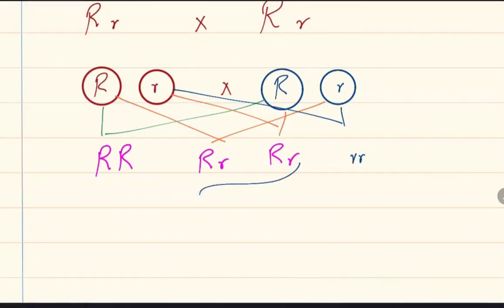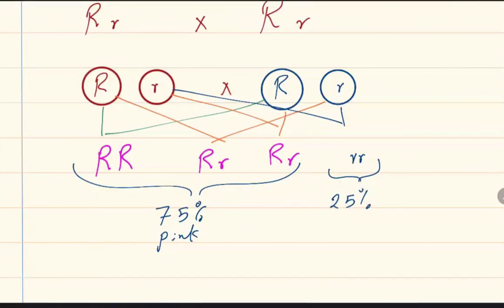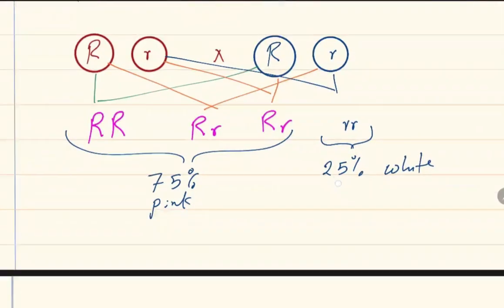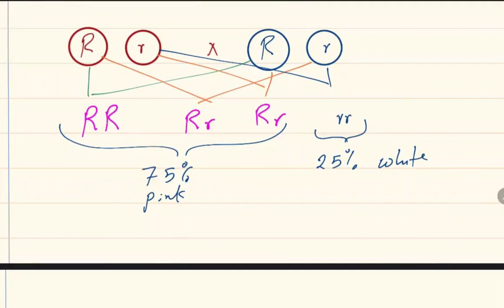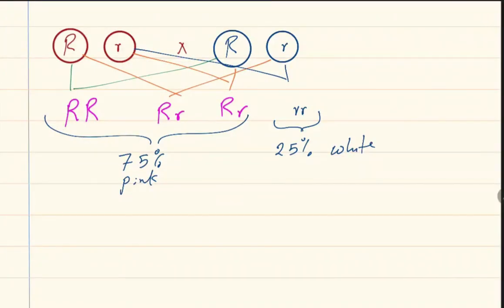So that is why we get 75% pink, the dominant, and 25%, which is white. Now, these are the percentages. This is the percentage we got from this cross. Now, let's come to conclusions.